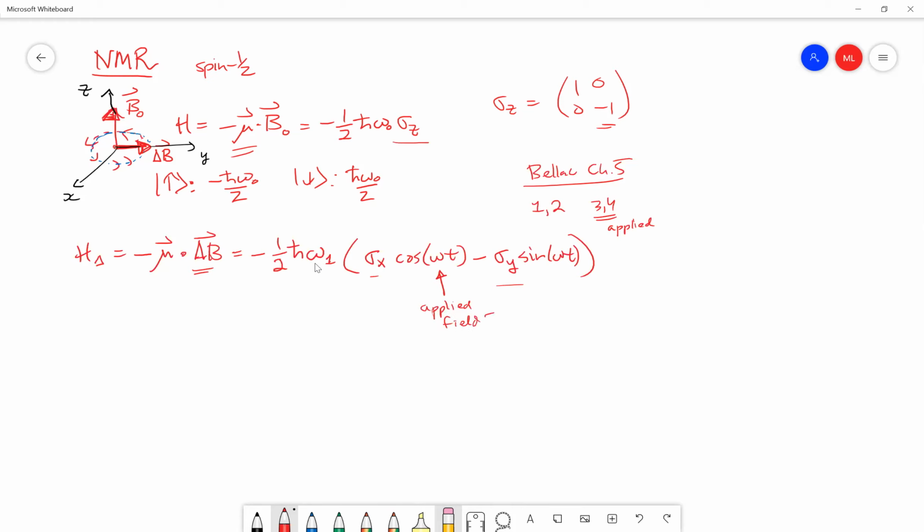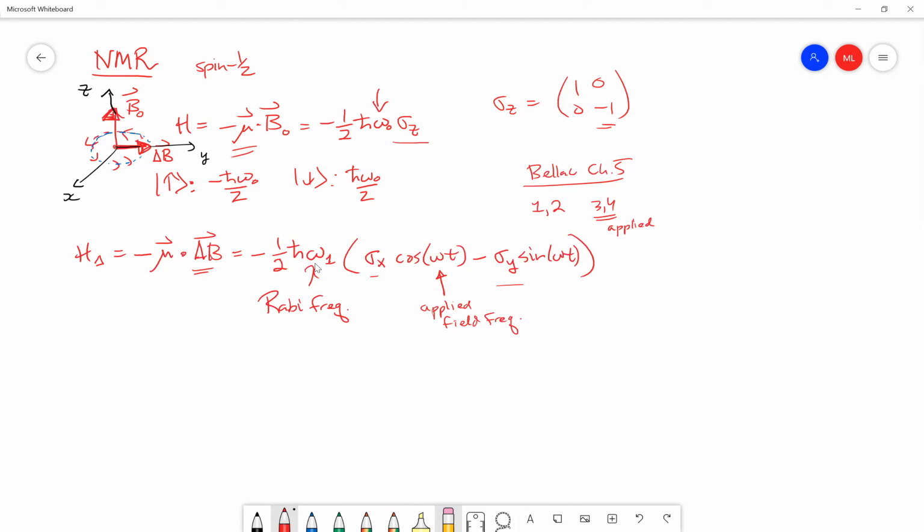You see, that's the thing that we actually apply. This guy is called the Rabi frequency. And again, that has to do with the magnitude of the applied field, basically, and the gyromagnetic ratio of the spin.